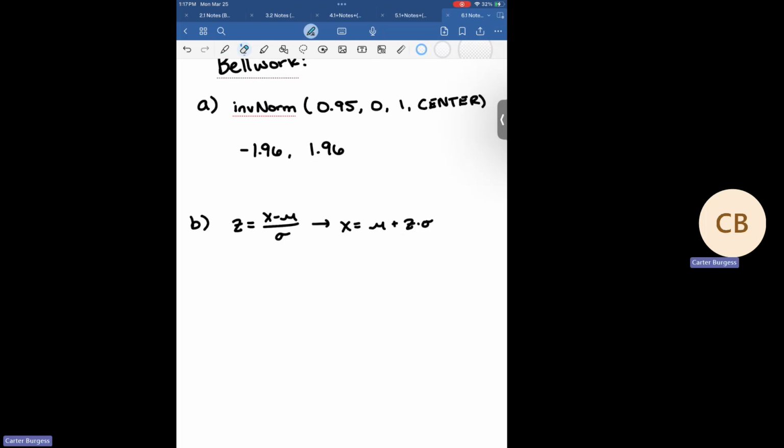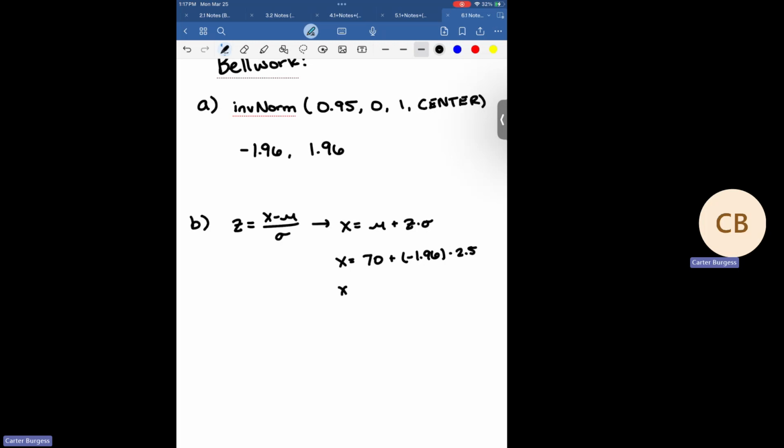So in this case, either way is fine. You can set up and solve for x, or you can use the solved version. I get that x should be equal to 70 plus, we said, negative 1.96 times that 2.5.